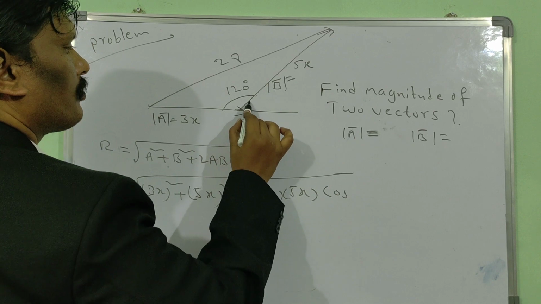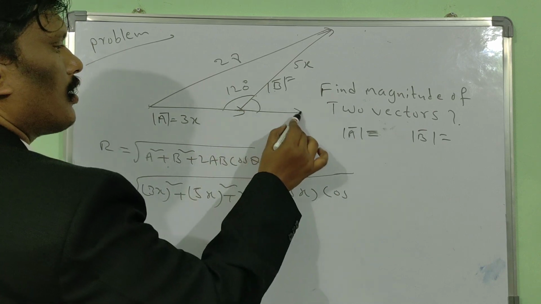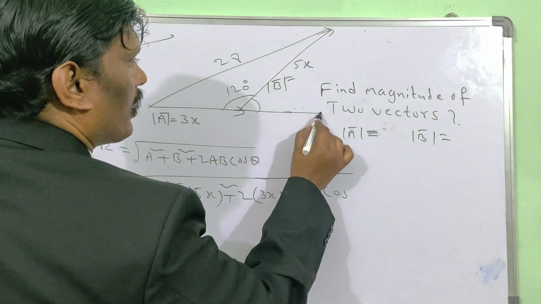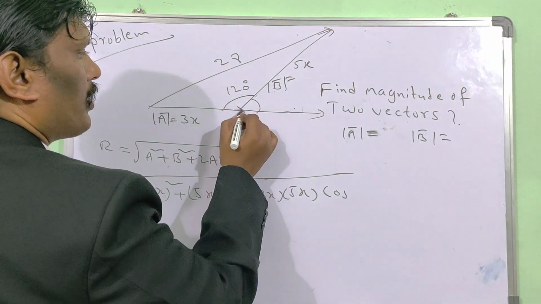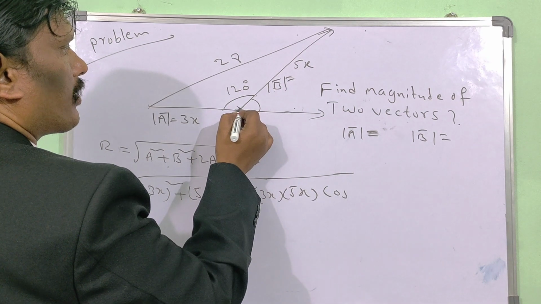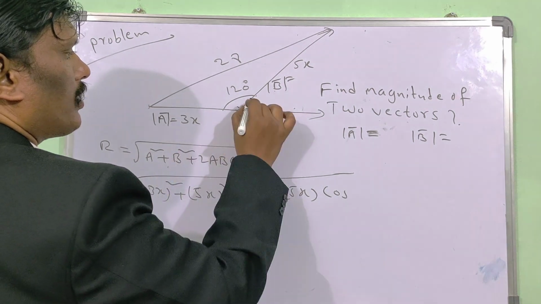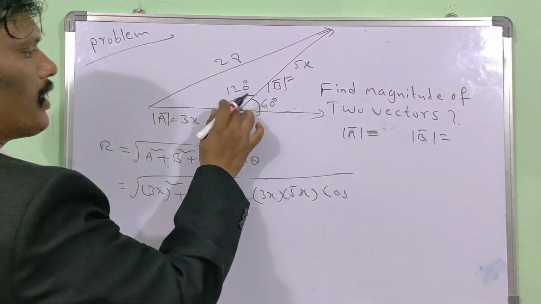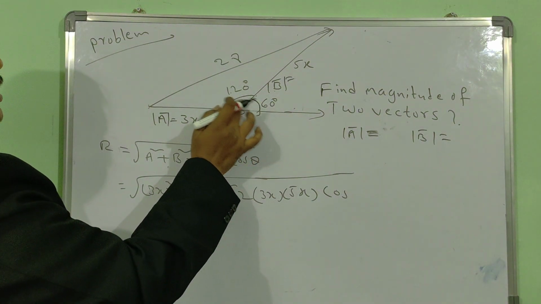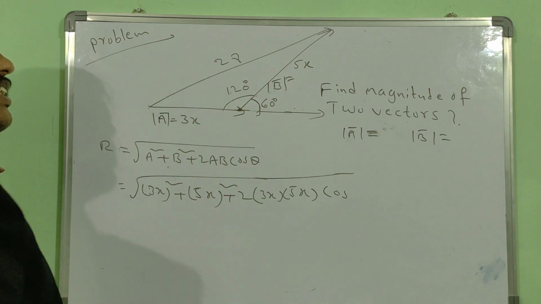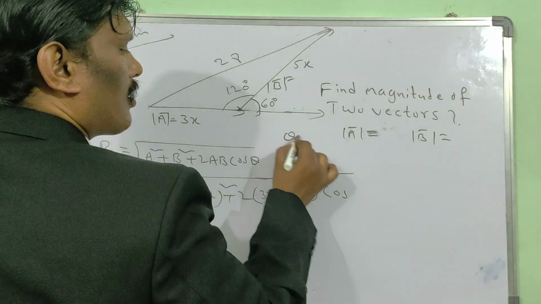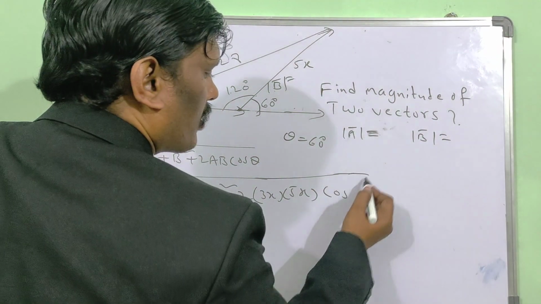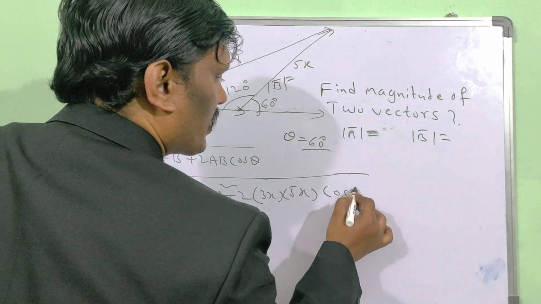Extend the A bar vector and slide it to here, so the A bar vector tail and the B bar vector tail meet at this point. Then this is the angle. 120 degrees means this is 60 degrees, because these two form a linear pair and the sum of these two angles should be 180 degrees. So theta equals 60 degrees is the angle between the two vectors.